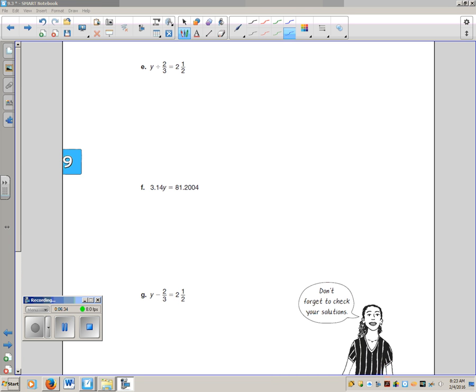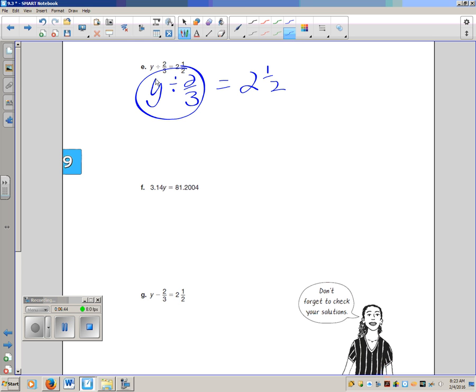All right, E. y divided by 2/3 equals 2.5. I need to do the inverse. So I'm going to multiply both sides by 2/3. 2.5 times 2/3.